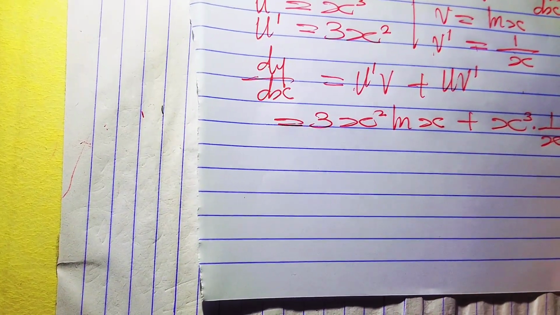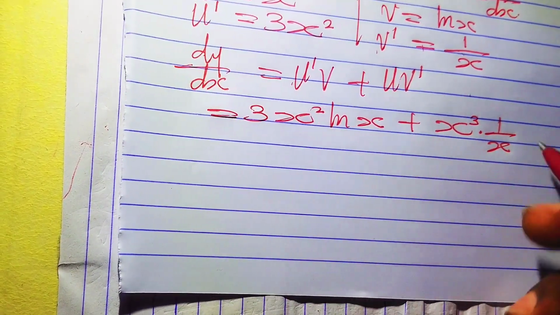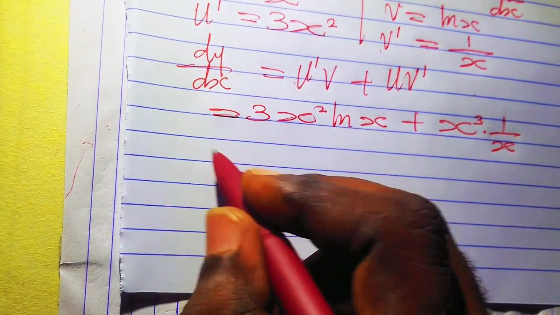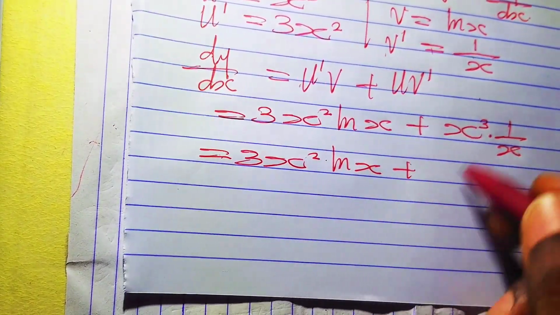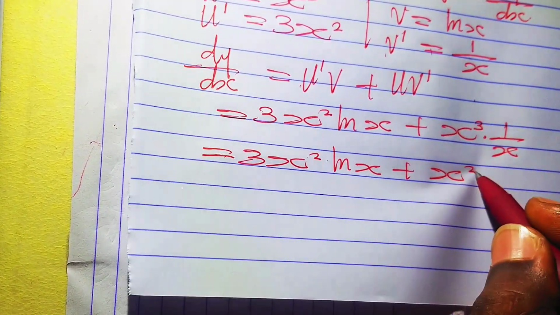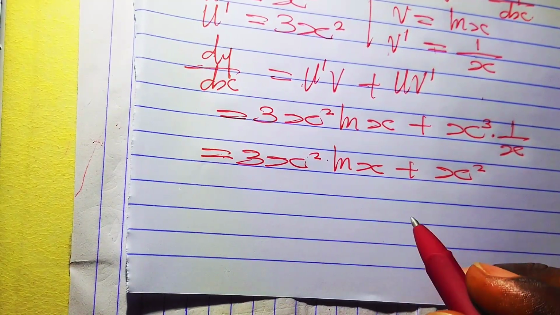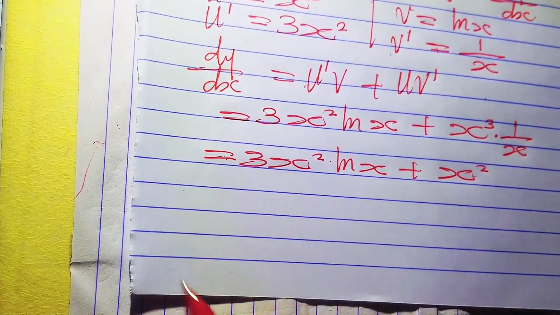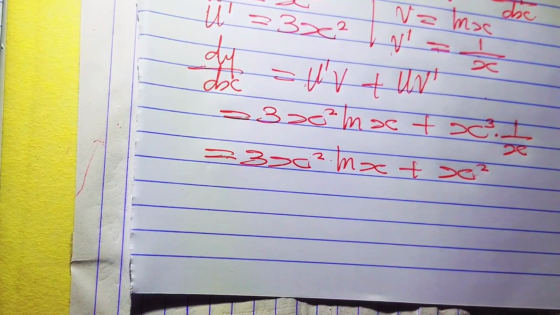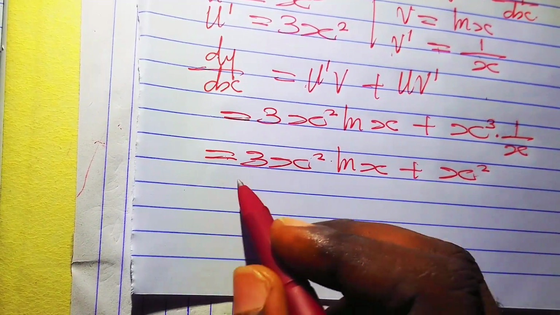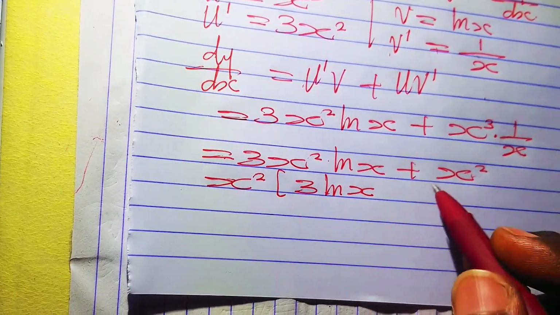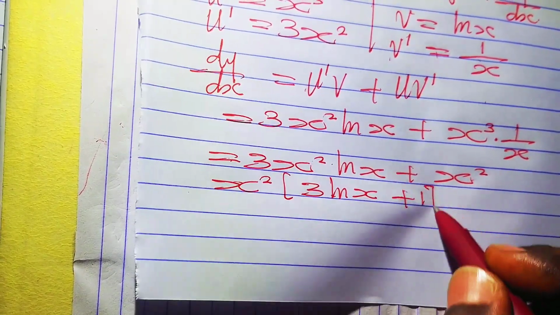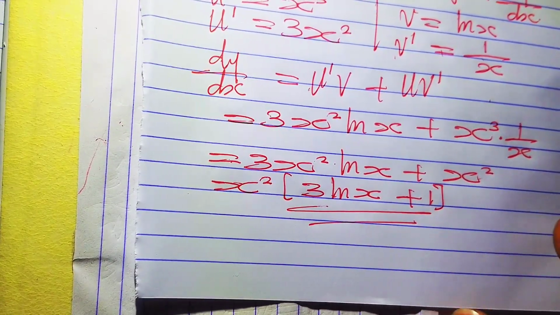And of course we can use this to reduce, and therefore we're going to have 3x squared ln x plus x squared. We can still use x squared to factorize so that our answer can be expressed in its simplest form. Using x squared to factorize, that's x squared times 3 ln x plus 1. So that's our answer to that question.